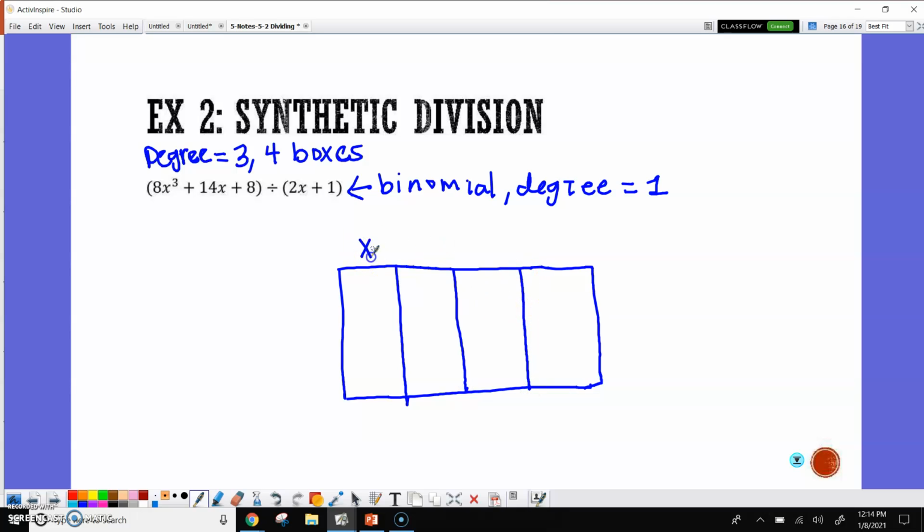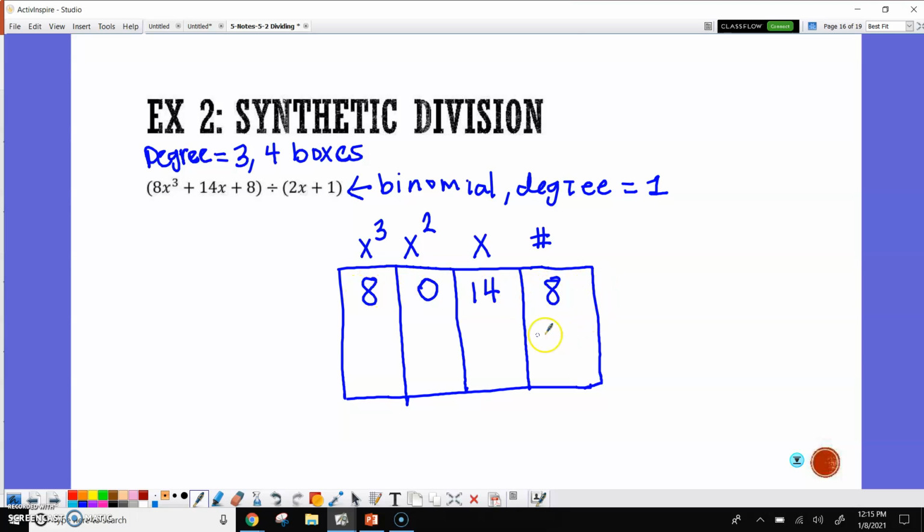X cubed, x squared, x and the constant, and put our coefficients. So for x cubed, I have 8. X squared, I don't have any, so that's why we need 4 boxes to have that placeholder of a 0. For the x, I have 14. And then my constant is 8.